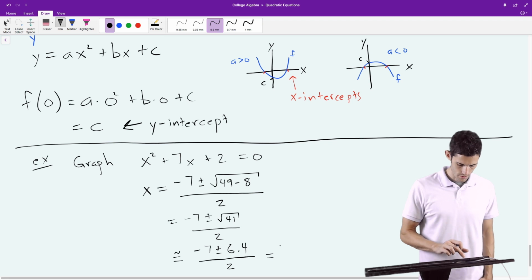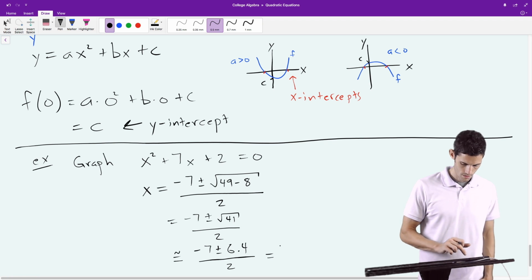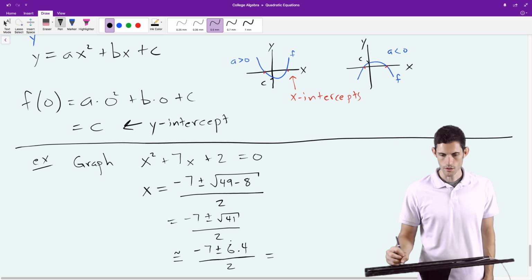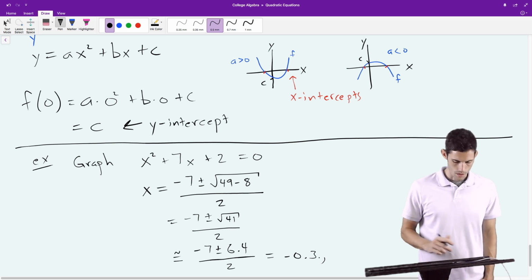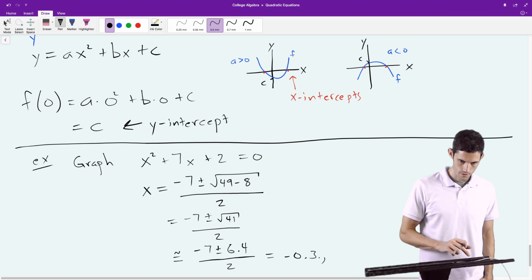So negative 7 plus 6.4 divided by 2 is negative 0.3. And negative 7 minus 6.4 divided by 2 is negative 6.7.